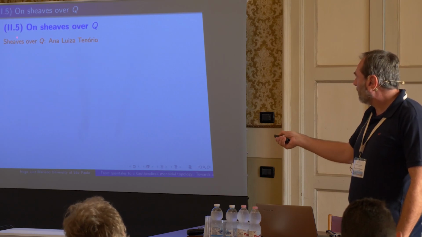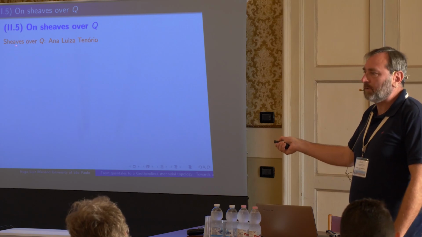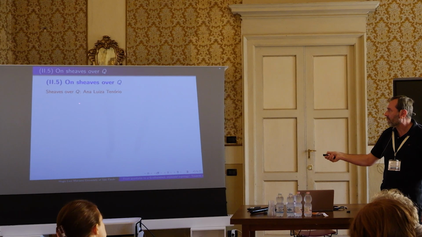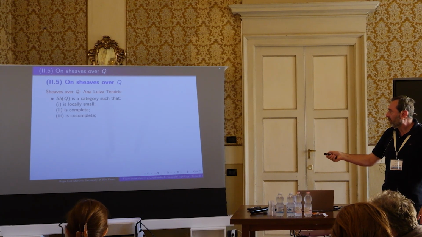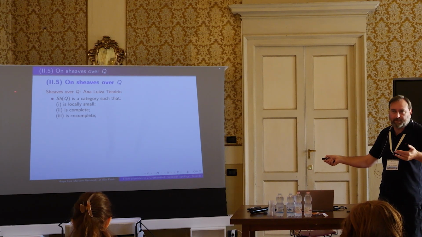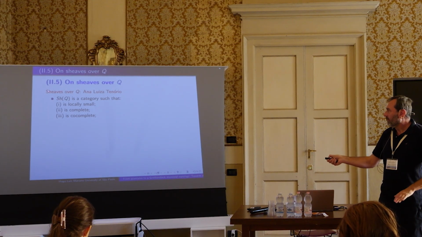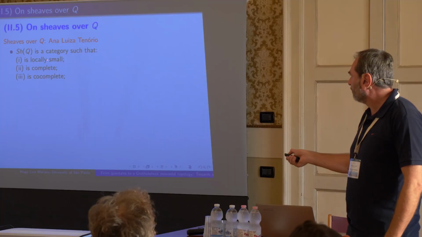Ana Luisa Tenório has worked and is still working on sheaves over quantales and generalizations in the functorial sense. Okay? So you saw the very straightforward way to generalize this for semi-Cartesian quantales.